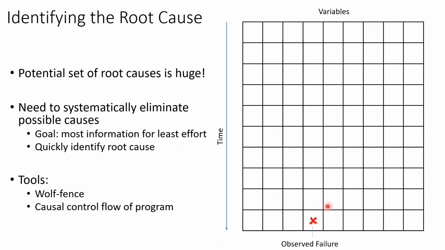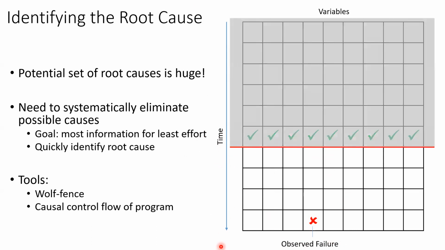Say you see an observed failure at this point in time. You put up a fence in the time of program execution, and you are sure that the program state before this time is completely correct. So the failure has to occur after this time. So you eliminate everything before this time.